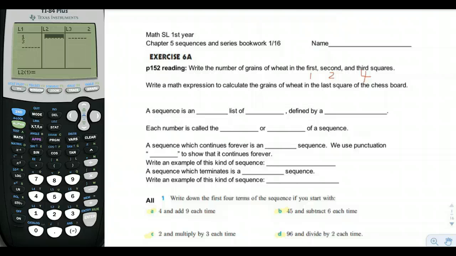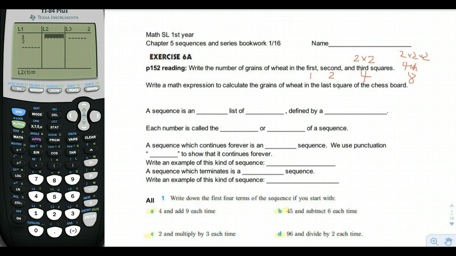You could also write the third square as the first square doubled twice. So we could say that the 4 is calculated by doing 2 times 2. And the fourth square, which would be 8, would be 2 times 2 times 2.